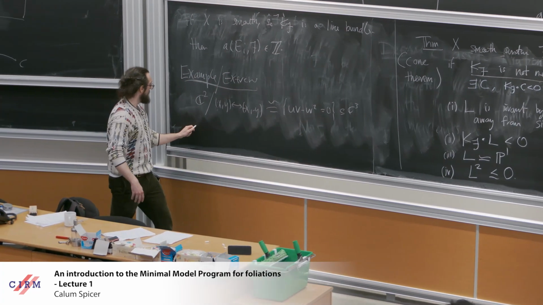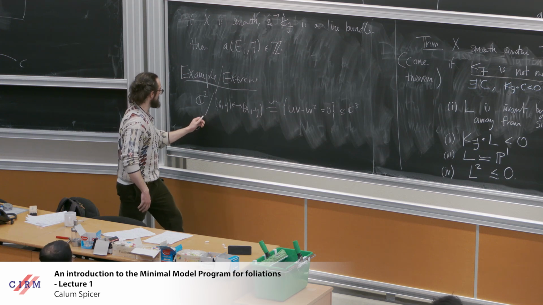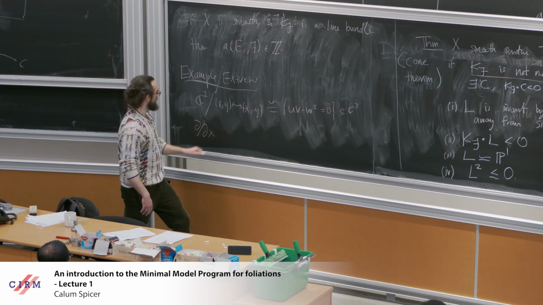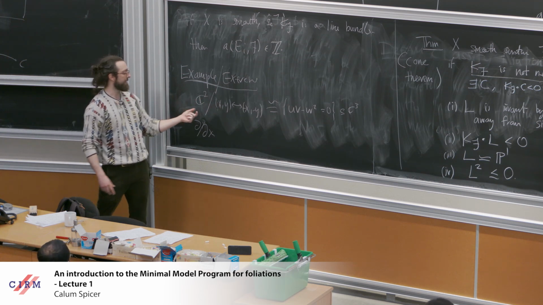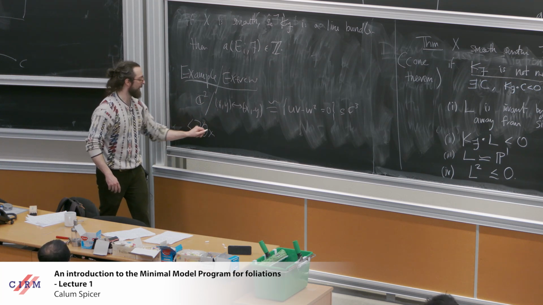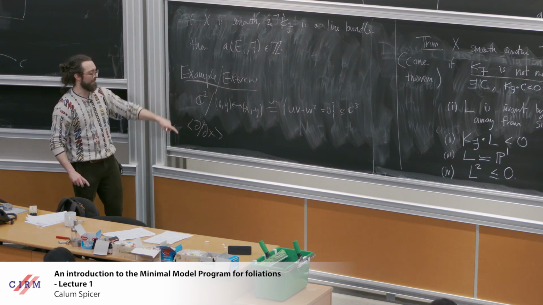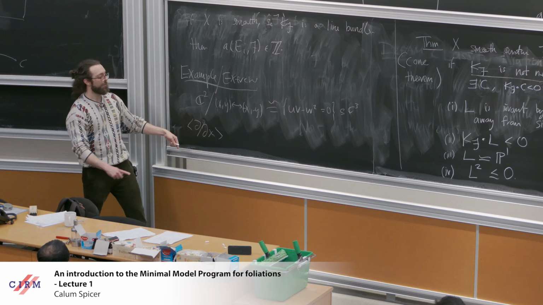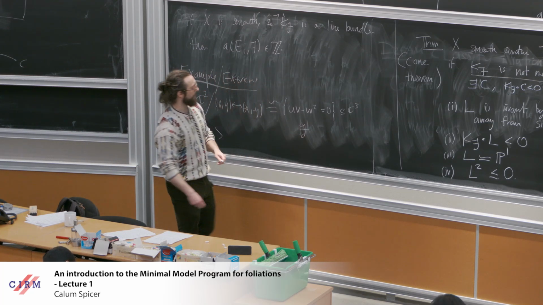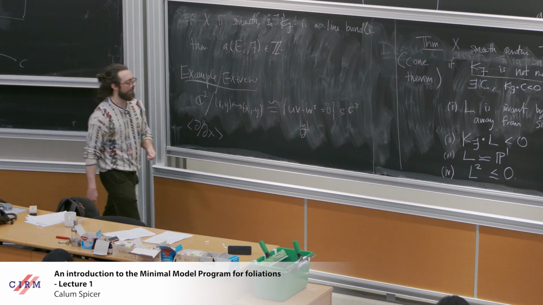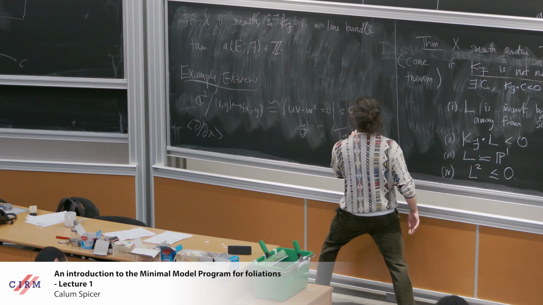And take the foliation on C2. Well, we have a foliation defined by partial x. The foliation generated by partial x is invariant by this group action, but this generator is not. So this descends to a foliation on this singular surface, such that T_F is not a line bundle.